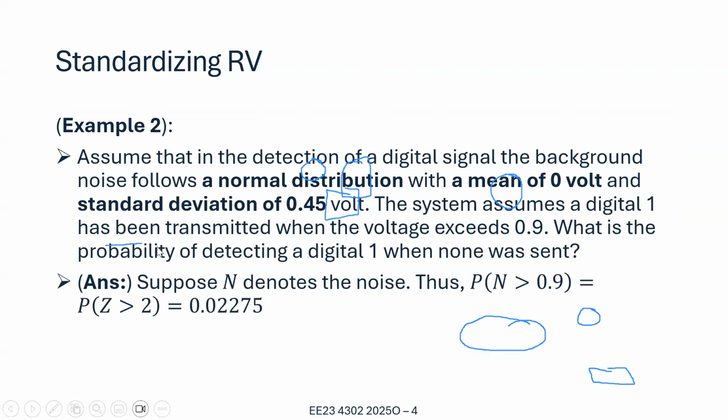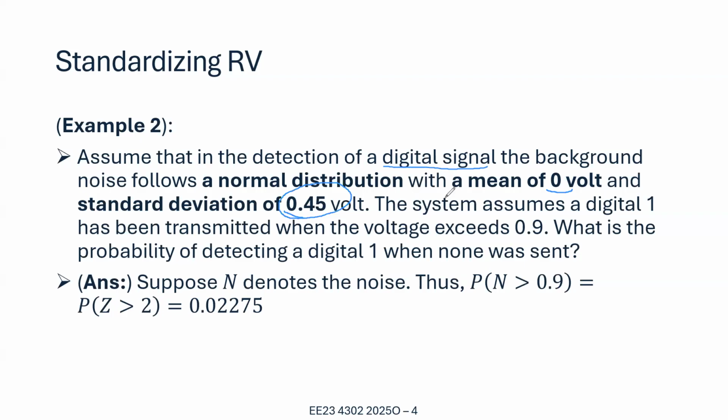So the example here, suppose that we have the digital signal with the mean of 0 volt. Suppose that this is the noise. So the noise here has the mean of 0 volt, and it has the standard deviation of 0.45 volt.